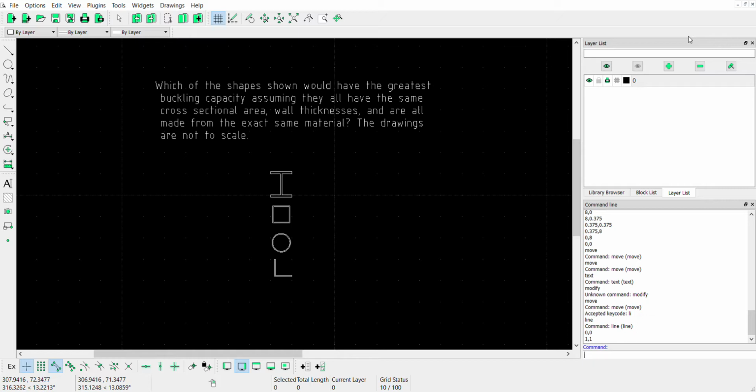So we'll go through this one. It says, which of the shapes shown would have the greatest buckling capacity, assuming they all have the same cross-sectional area, wall thicknesses, and are all made from the exact same material. The drawings are not to scale. One pet peeve of mine is that it says the drawings are not to scale, and it's obvious.